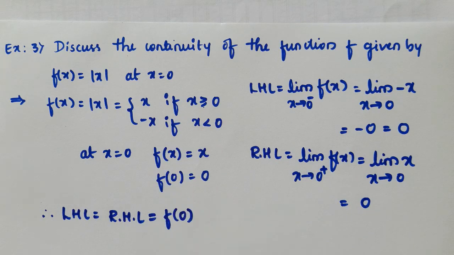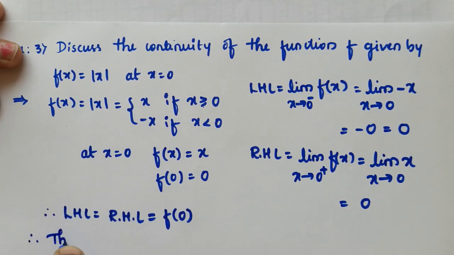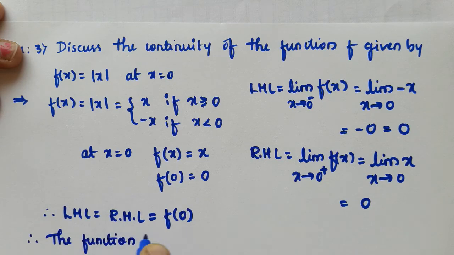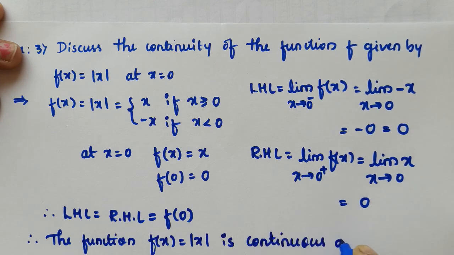Therefore, the function is continuous at x is equal to 0. Therefore, we can conclude that the modulus function, the function f of x is equal to mod x, is continuous at x is equal to 0.